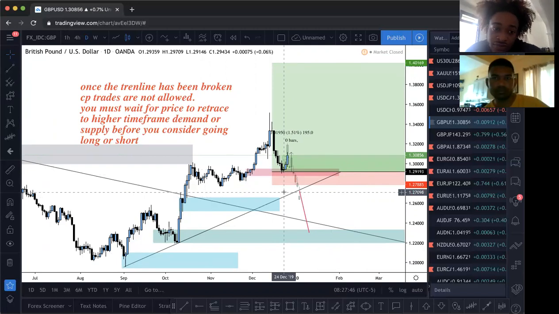You're not allowed to take any CP trades. The only trade you're allowed to take is weekly valleys or peaks, right? Meaning you have to wait until the price reaches that higher time frame supply demand.